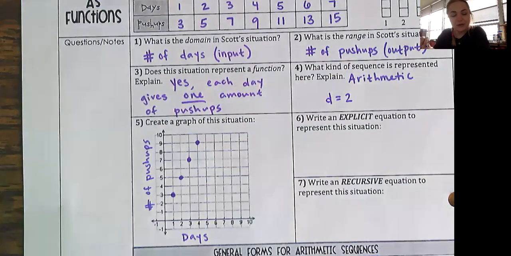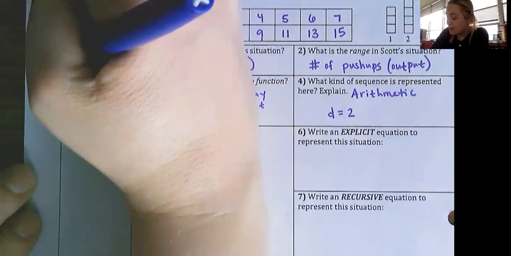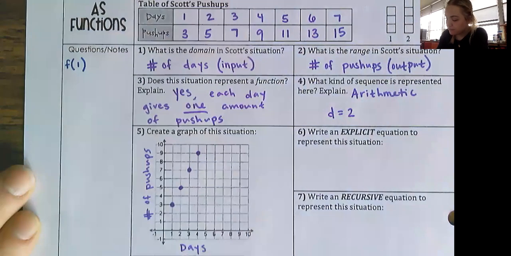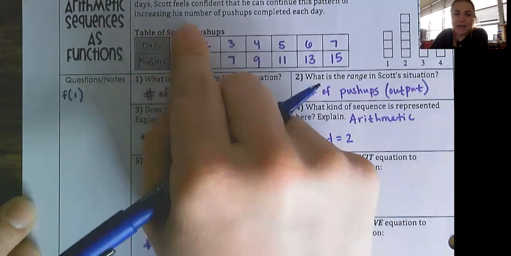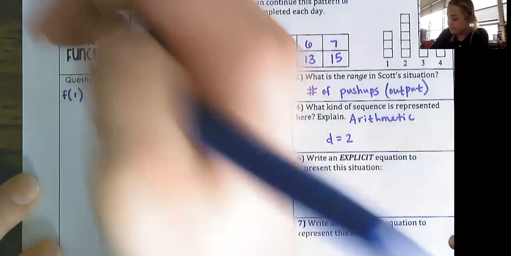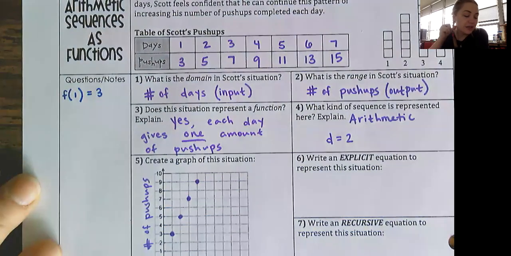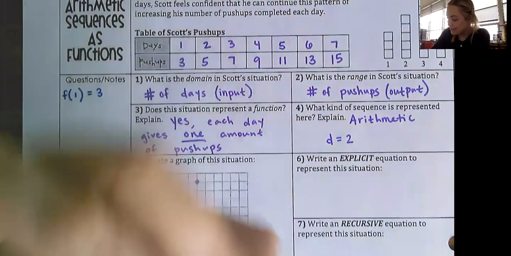The first thing that we are going to put in the margin, we're going to use our function notation that we discussed yesterday, and we are going to write f of 1. Okay, so the input is 1. What's the output for 1? It's 3. Okay, so then we're going to skip a little line here because I'm going to leave space to add something else later.